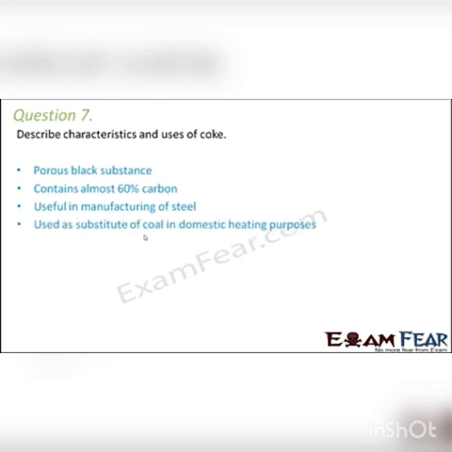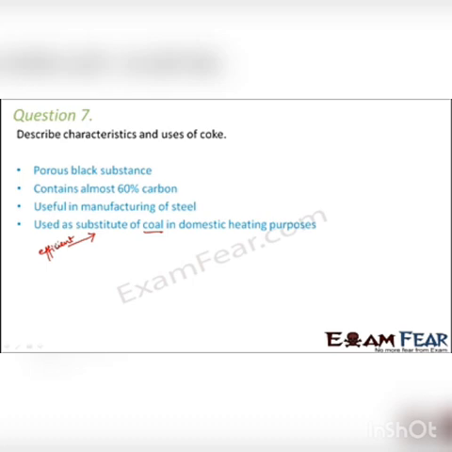Now, coke has certain advantages over coal. And that is why it is often used as a substitute of coal. Now, one such advantage is coke is more efficient than coal, because coke contains more carbon for the same amount of coal. Coke stands out to be more efficient.